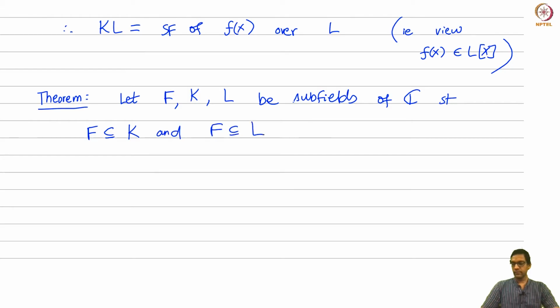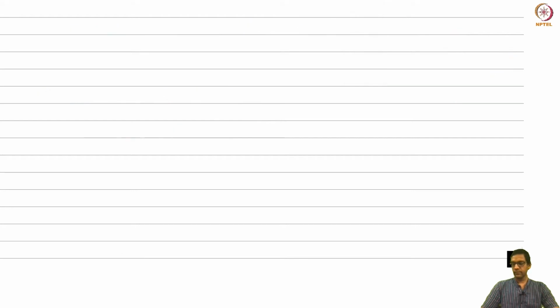Now if one of them is finite and Galois, let's start drawing a picture. I have F. F is contained in K, and it's also contained in L. So in fact F is contained in their intersection, K intersection L. Let me just draw these lines. Of course everything is contained in C, so I'm not drawing C here.